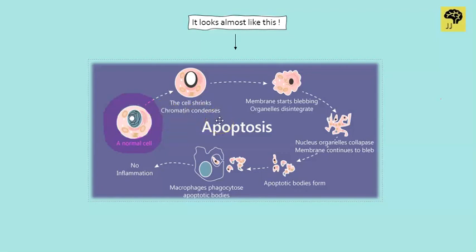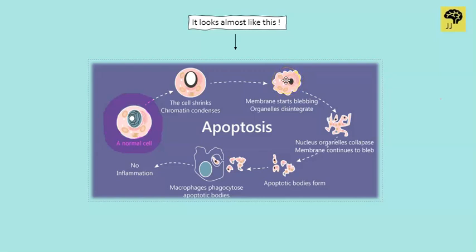Now this shrunken cell, the membrane of this cell starts blebbing and forms compartments, and these compartments are separated as such, and they form apoptotic bodies. Apoptotic bodies contain the cytoplasmic content which was already present inside the cell, and also the disintegrated organelles.